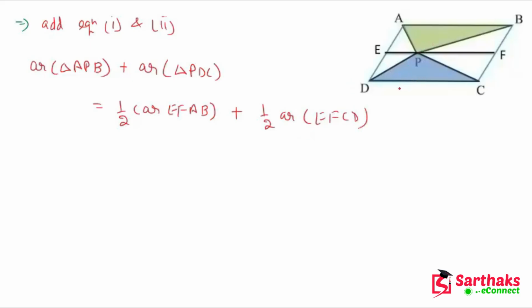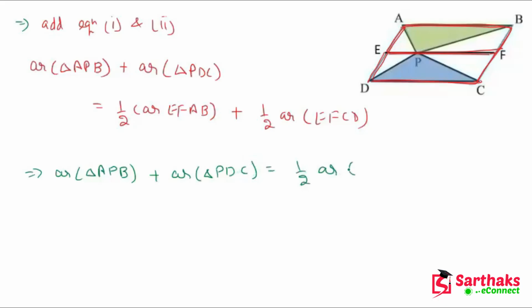Now if you observe, if we add this part and this part, we get this whole part. So area of triangle APB plus area of triangle PDC is equal to half of the area of parallelogram ABCD.